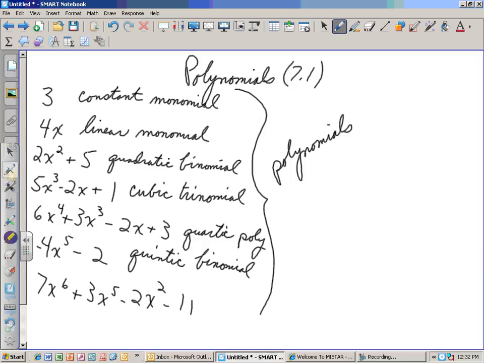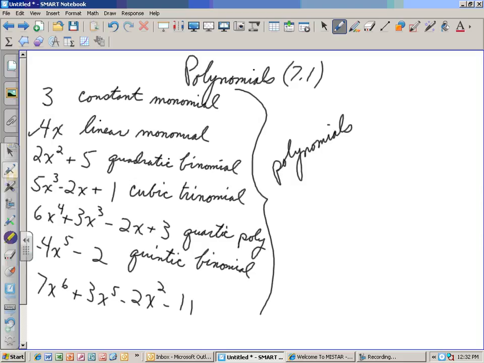Yes, Emma. I'm confused on what you mean by terms. Terms, good question. Terms are separated by pluses and minuses, adding and subtracting. So we're not adding or subtracting anything. It's simply 4x. Okay, so that's monomial, one term.